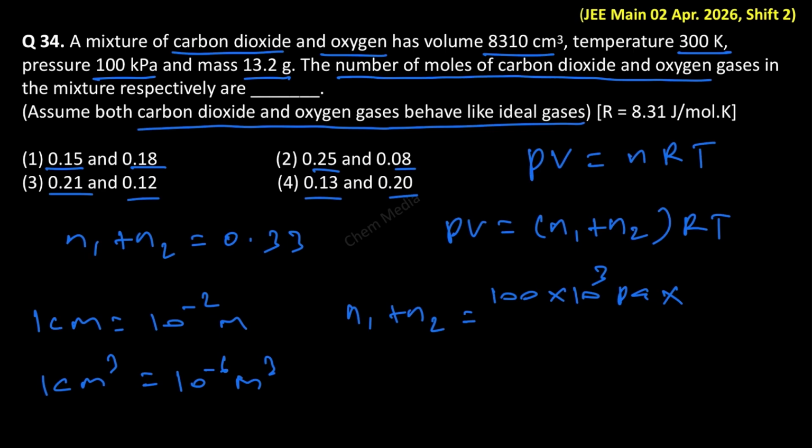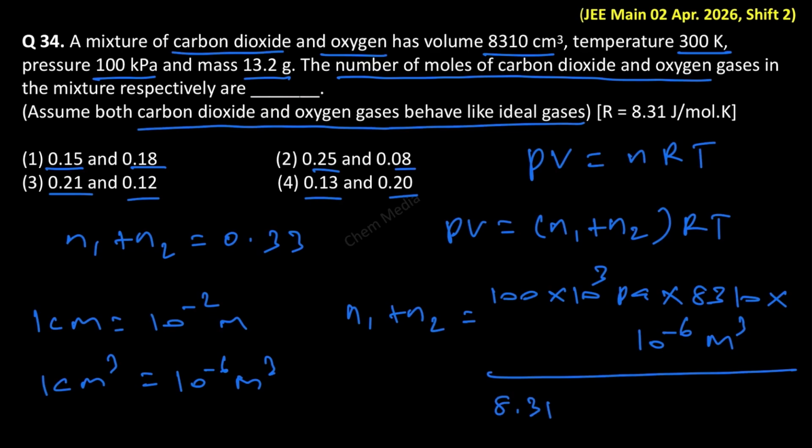So therefore, this is 8310 times 10 to the power minus 6 meter cube divided by 8.31 joules per mole per Kelvin times temperature, which is 300 K.